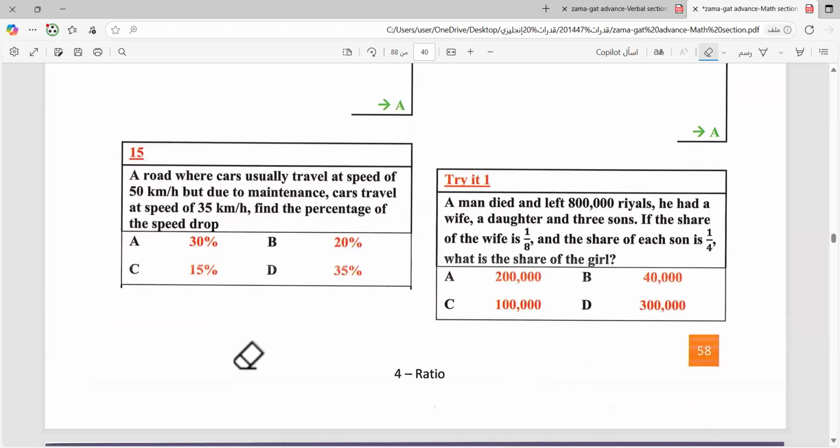A road where cars usually travel at a speed of 50 kilometers per hour, but due to maintenance, cars travel at a speed of 35 kilometers per hour. Find the percentage of the speed drop.